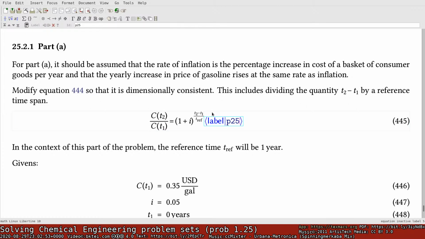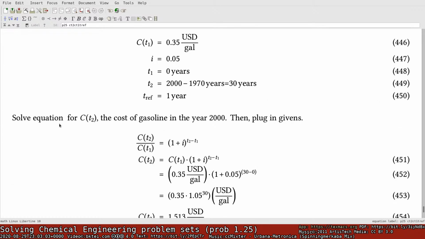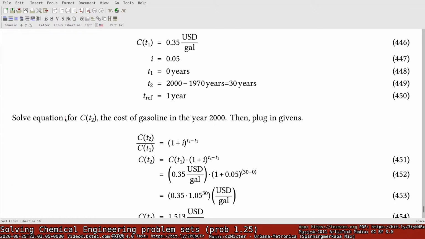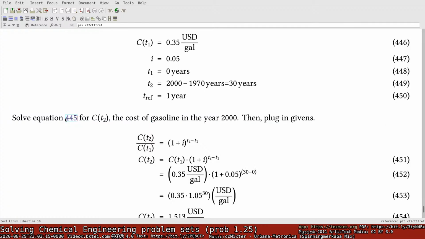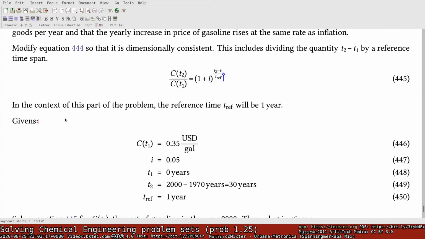Problem 25, CT2, CT1, Tref. Meta shift X question mark. P25, CT2, CT1, Tref. So let's copy that.